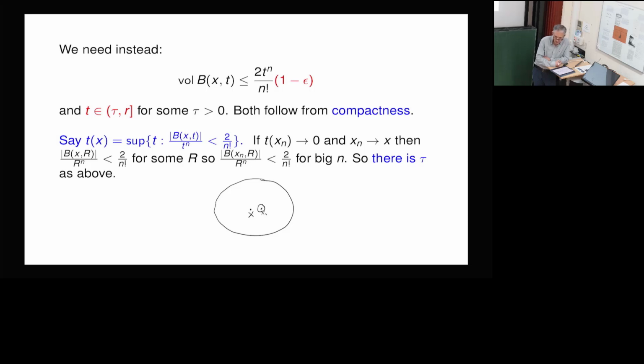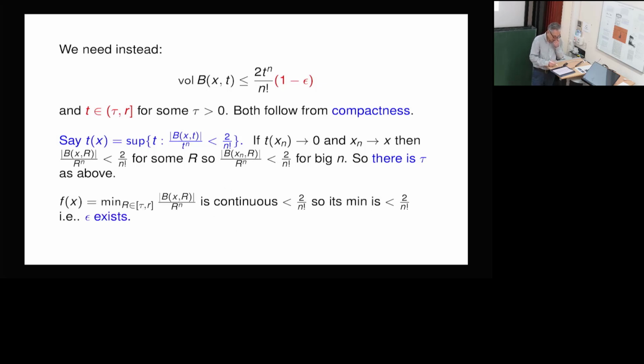So that's the argument. I don't know, maybe you don't believe it, but that's the argument. Maybe we can think about it, but again, the point is that I have strict inequalities. With weak inequalities, this wouldn't work.